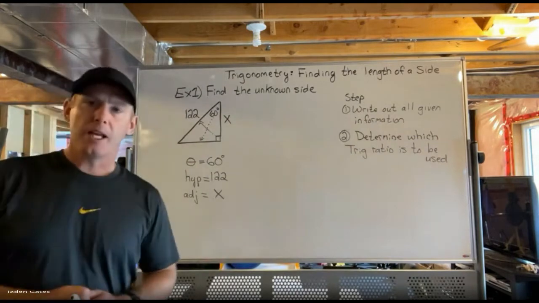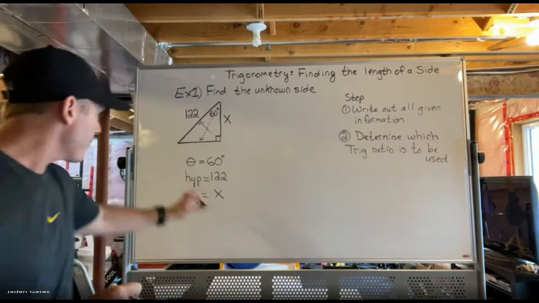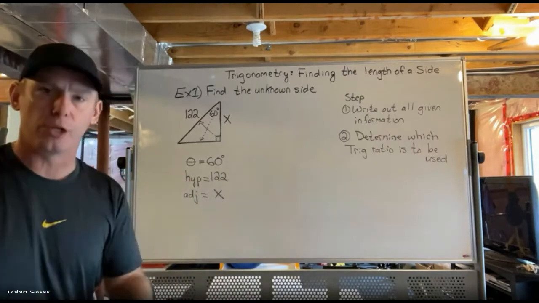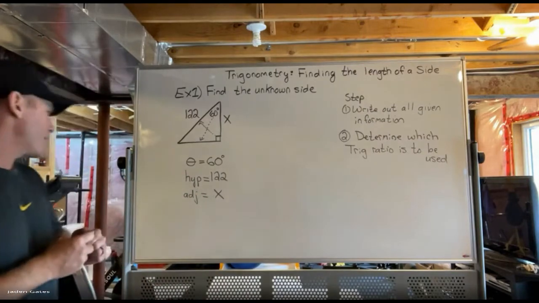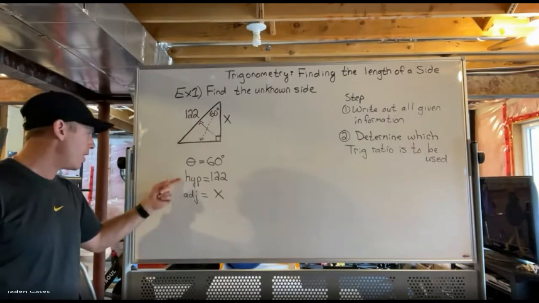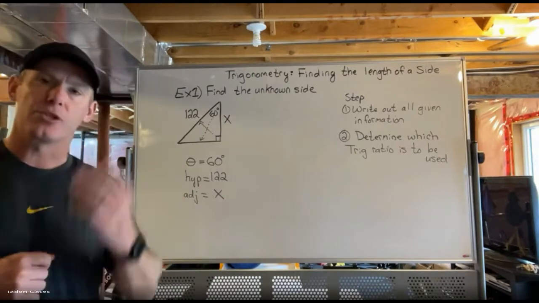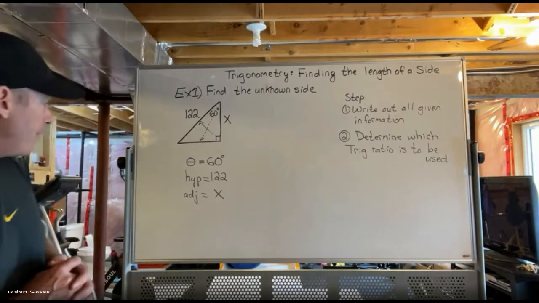So here's the key: you do not get to pick which ratio you want. The information that you have will tell you which trig ratio to use. So in this case, I have to use the trig ratio that includes the hypotenuse and the adjacent. And so that's where I use, again, those phrases to see which one fits.